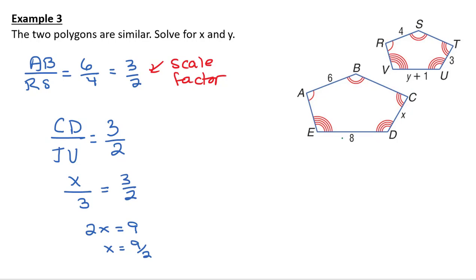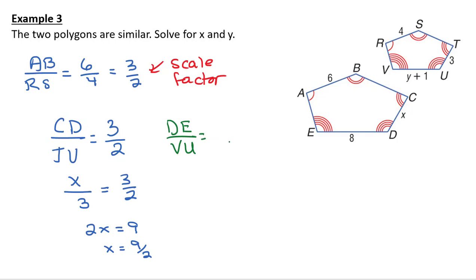Okay, let's go down here. DE is proportional to VU. Something you want to keep in mind is that I started with AB, the larger one, so I'm going larger to smaller. So larger over smaller. If you want to do smaller over larger, you can, but make sure you always have the correct side on top.